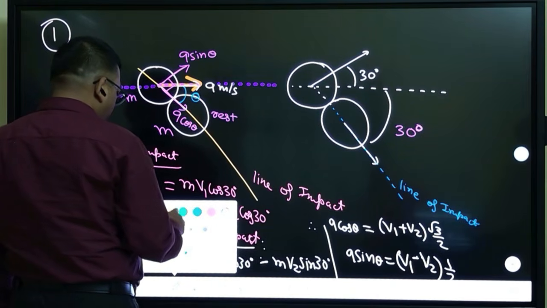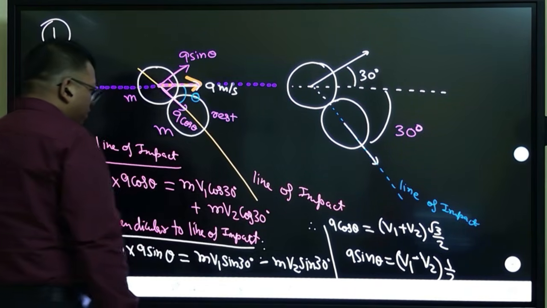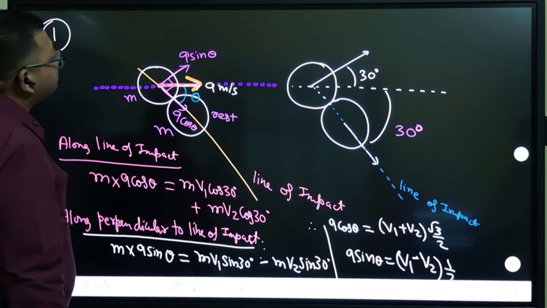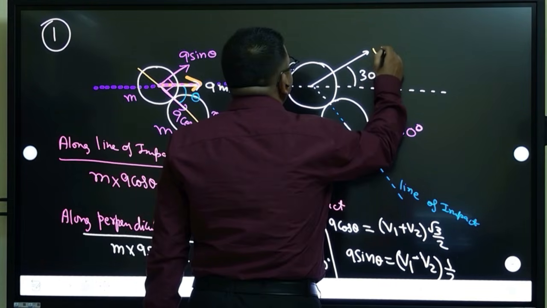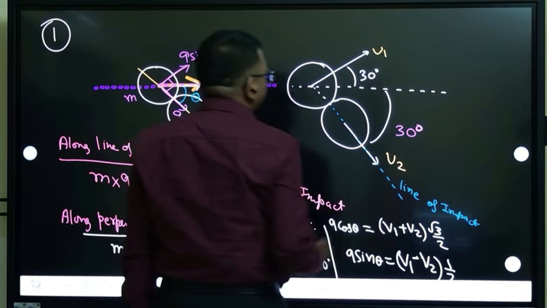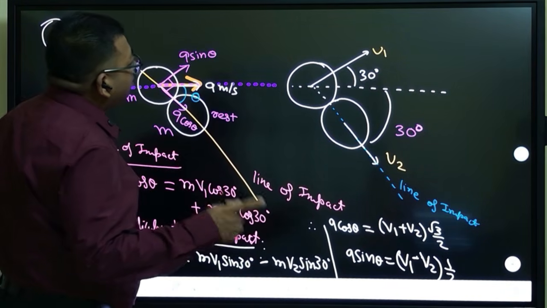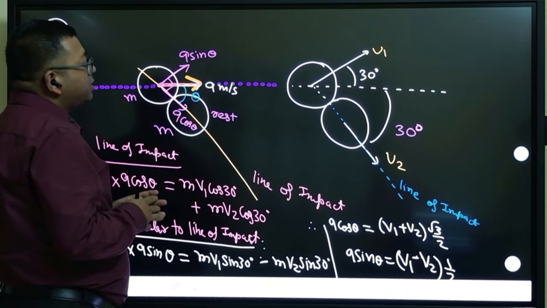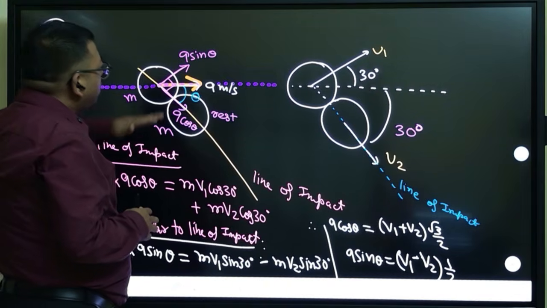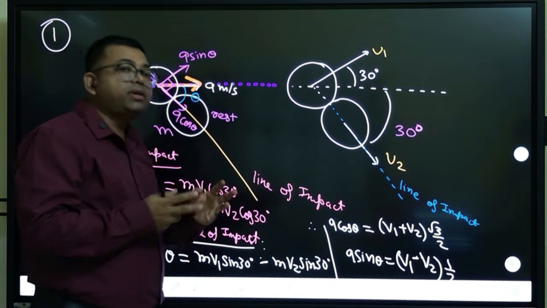But if you take it this way, how will you solve it still? Because velocities v1, v2 we do not know. Maybe here we can solve it by applying momentum conservation along a line, because any two perpendicular directions can be taken.